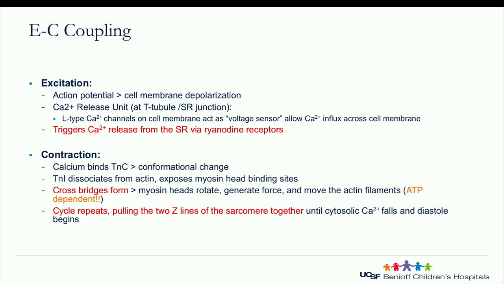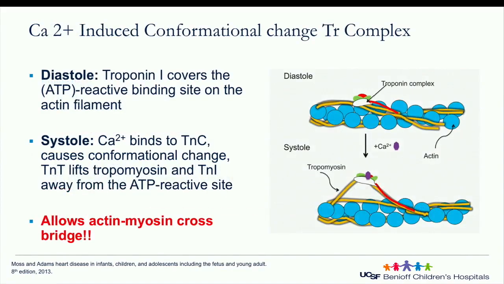Calcium remains the key player in starting contraction at the level of the sarcomere. It's actually binding of calcium to troponin C on the thin filament that causes a conformational change, and the troponin complex is lifted away to uncover the myosin binding site on the actin thin filament, and the myosin and actin crossbridge is allowed to form.